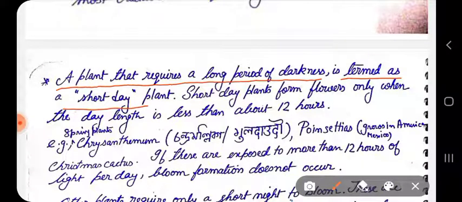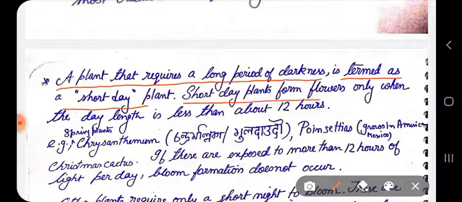Obviously, if a plant requires a long period of darkness, it is called a short day plant. And if a plant requires a short time of darkness, it is called a long day plant. That means we are saying it conversely. If a plant needs a long period of daytime light, it is called a long day plant. Conversely, if a plant requires a short time of darkness, it's called a long day plant. Whereas if a plant requires a long period of darkness, it is called a short day plant.